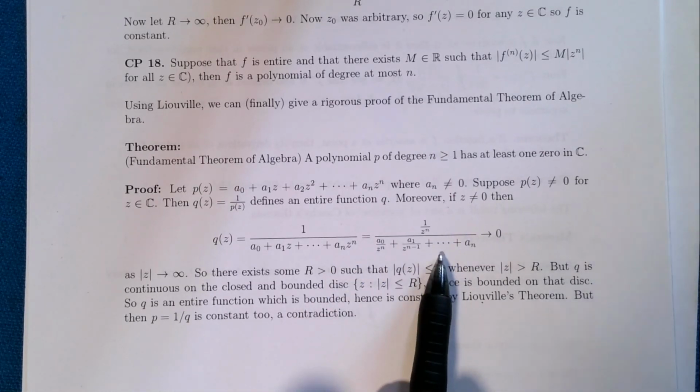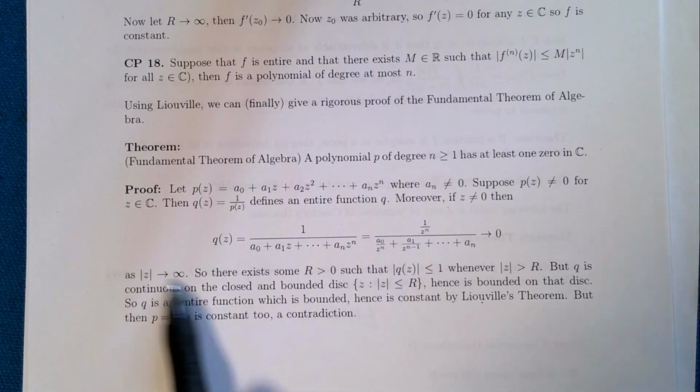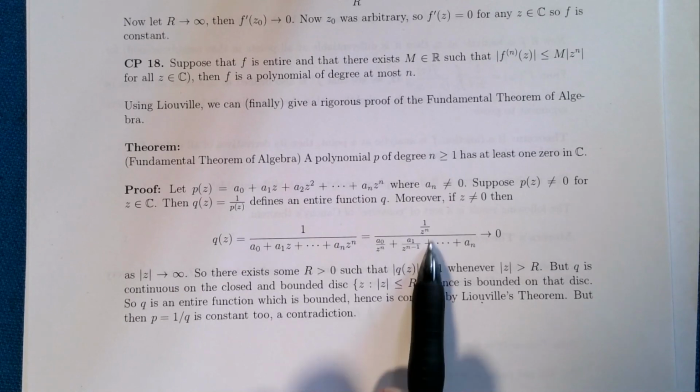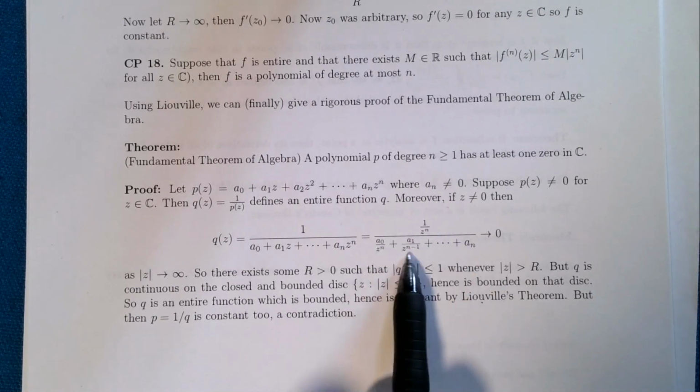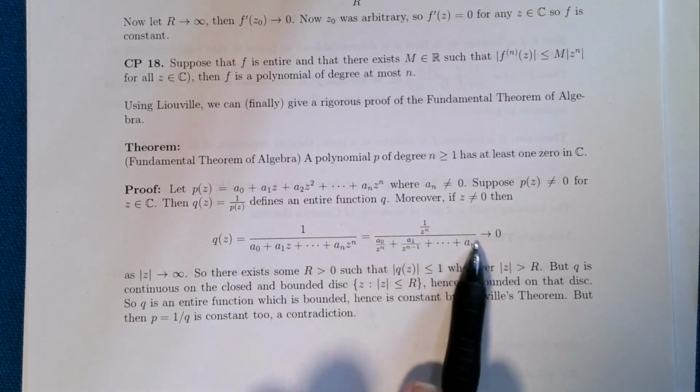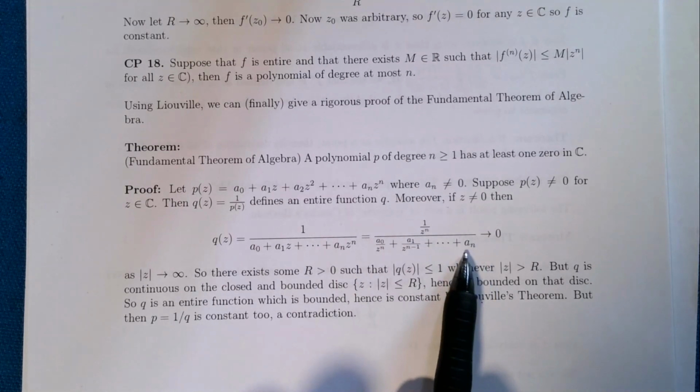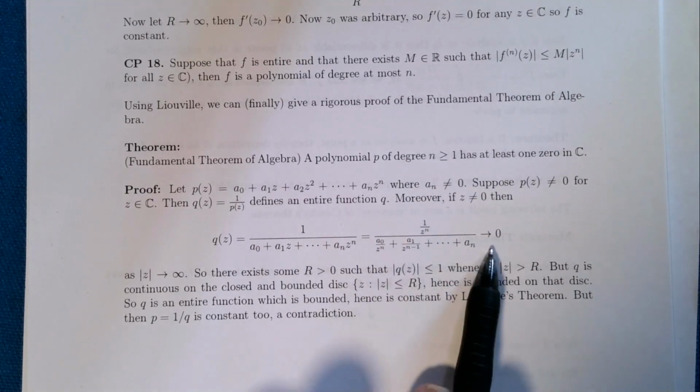Now the point is, as mod z goes to infinity, the top is going to 0, all of these terms are going to 0, but we have an a_n here which is not 0, so we get 0 over a_n, and that's going to 0 as mod z goes to infinity.